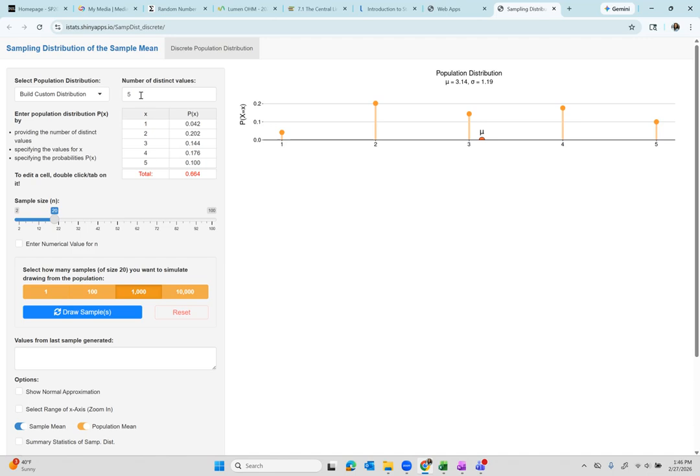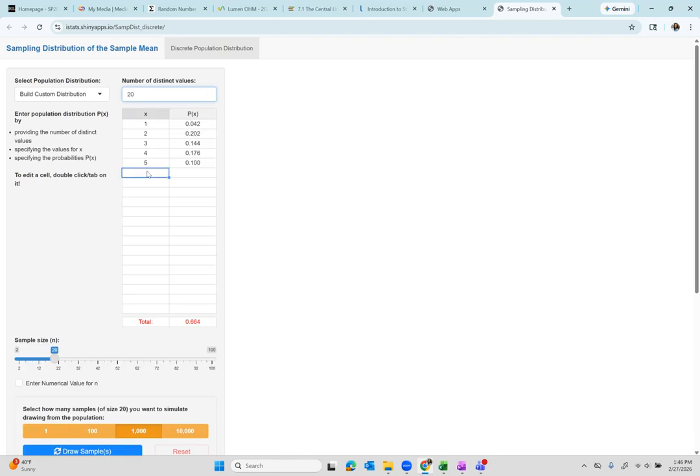And to build a custom distribution of 20 values, we want to add here our values 6, 7, 8, 9, 10, 11, 12, 13, 14, 15, 16, 17, 18, 19, and 20. And remember that they were all equally likely to occur. Each one of them was 0.05.